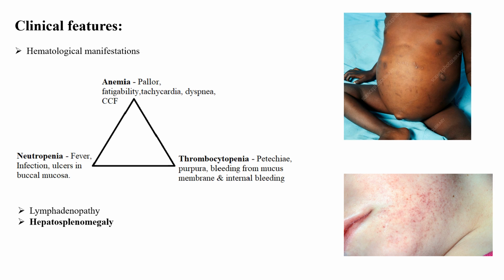As a result, in hematological manifestation, all three cell counts will be decreased in the form of anemia, neutropenia, and thrombocytopenia.